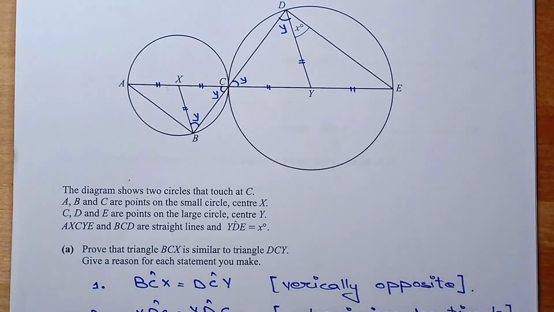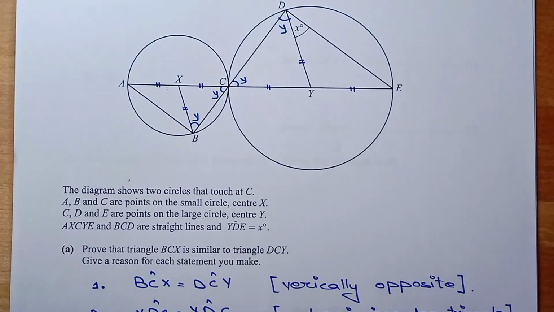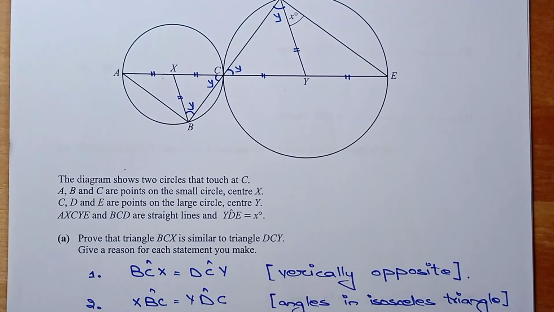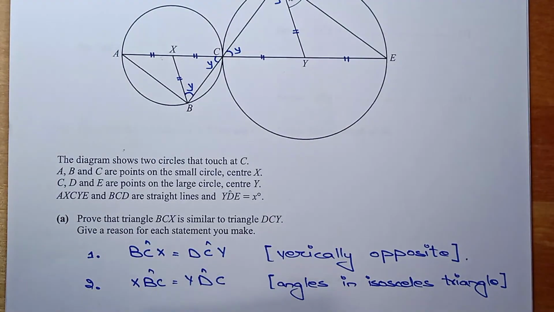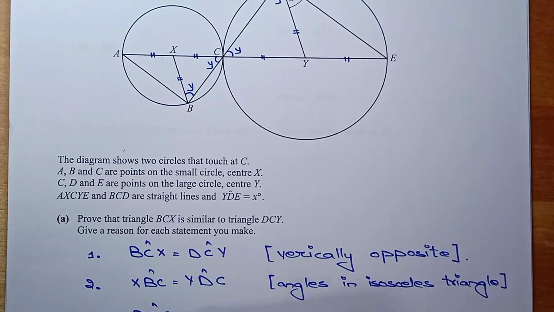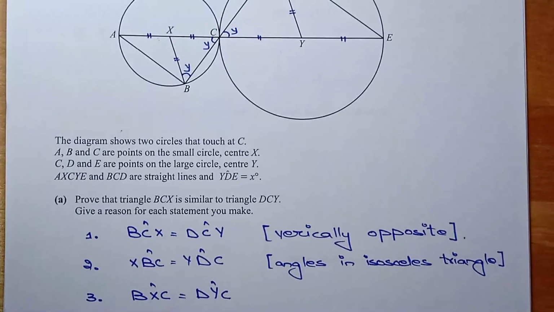Okay. Now the last angle, angle X and angle Y, is left. These two angles are also the same because when two angles are the same, the third angle must be equal. So for the third statement, BXC is equal to DYC, third angle of a triangle.